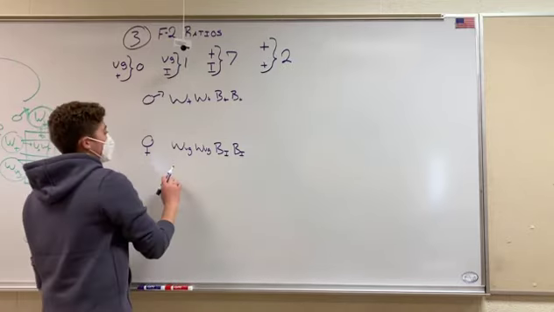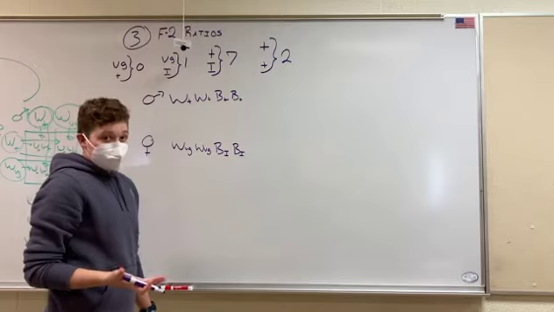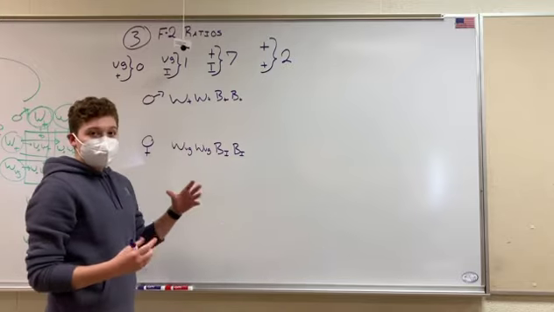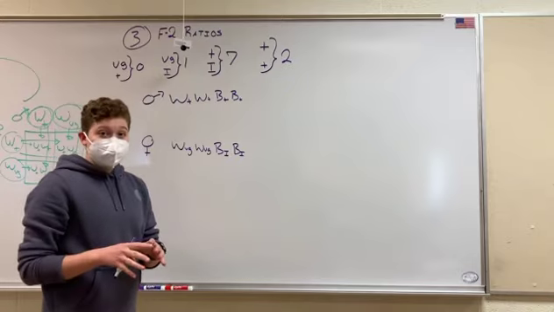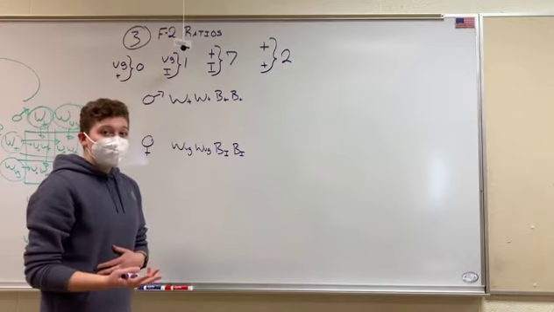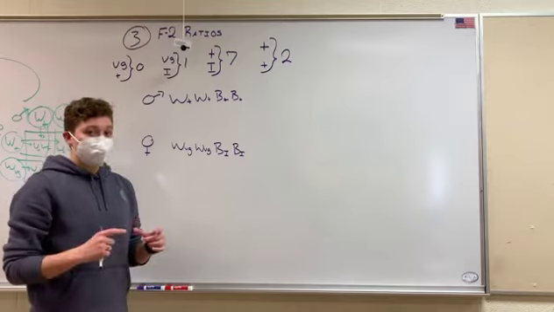So, what we could do here is make a 4x4 dihybrid Punnett square, and it'd be this really big thing, and it would take a lot of time. If you need to, go ahead and do that. Otherwise, we're getting to the point now where we can use some shortcuts.